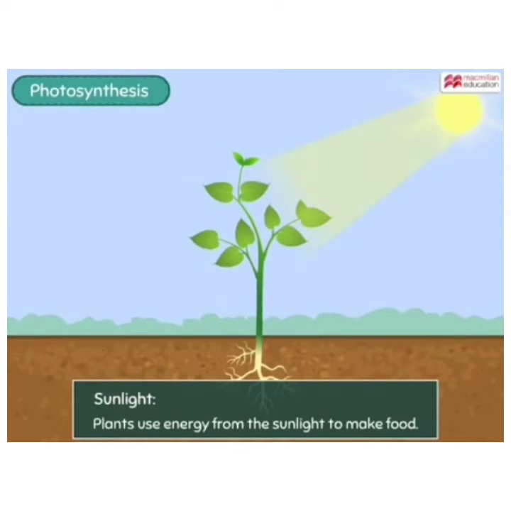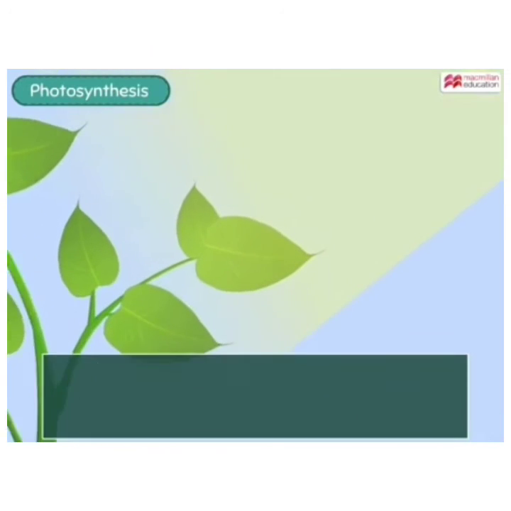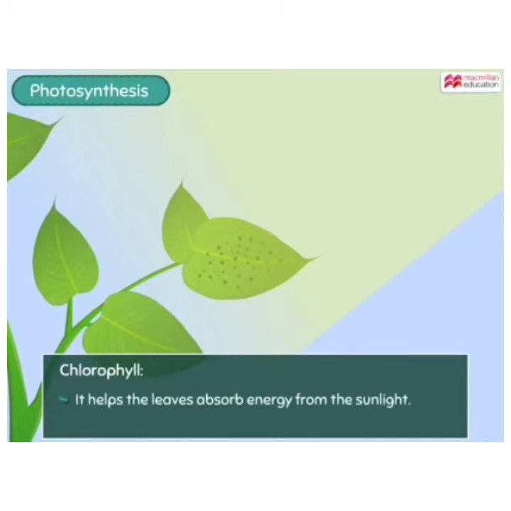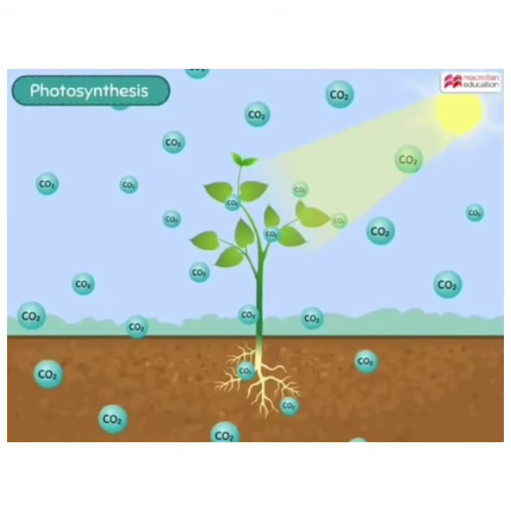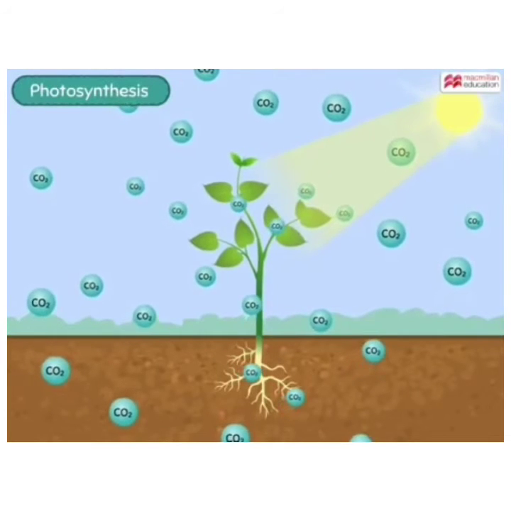All plants use energy from the sunlight to make food. The part of the leaves that absorbs energy from the sunlight is called chlorophyll. It gives green color to the leaves. Plants take in carbon dioxide from the air.